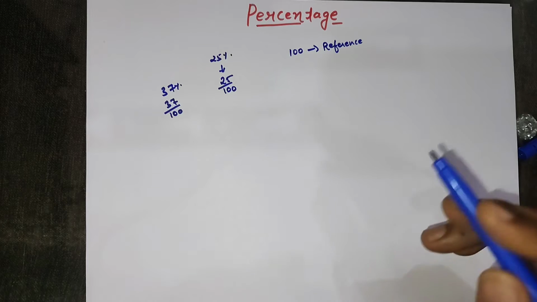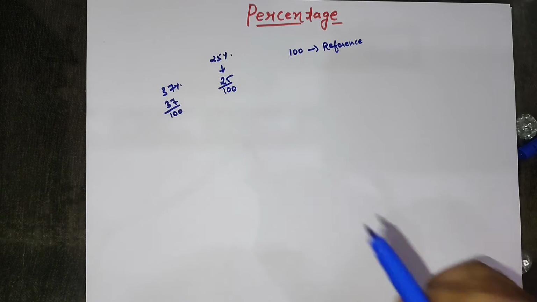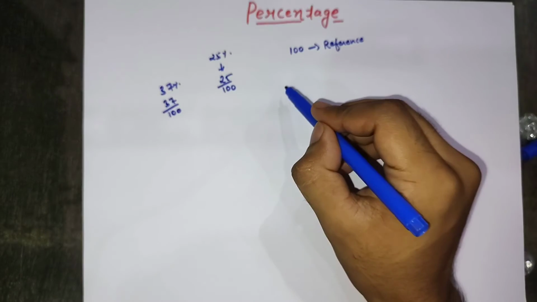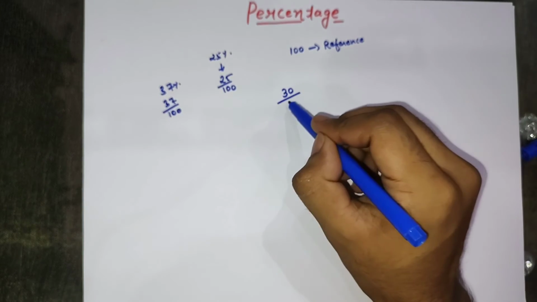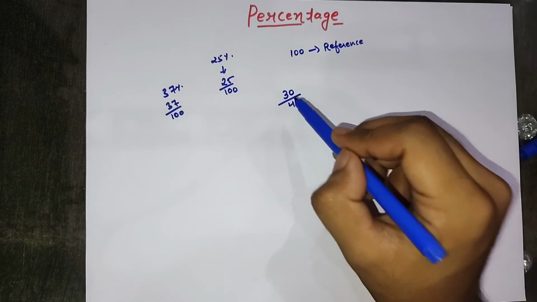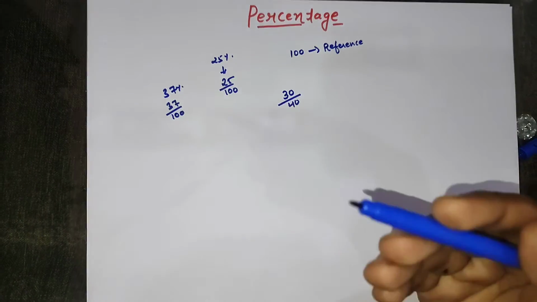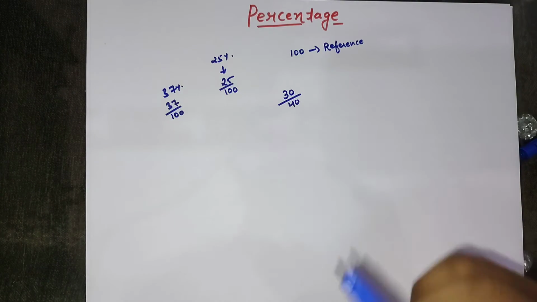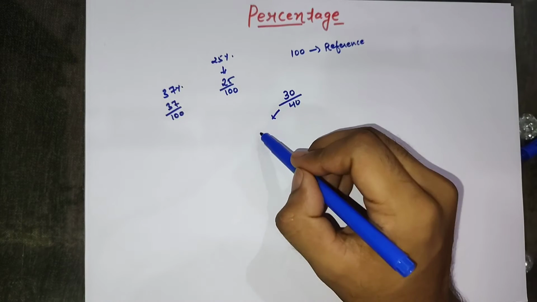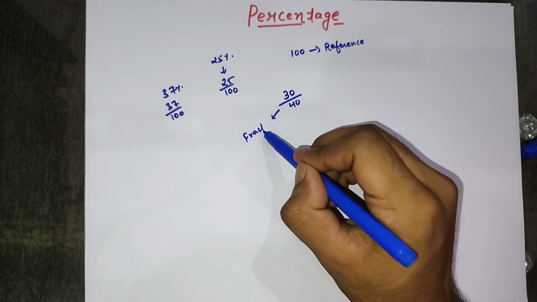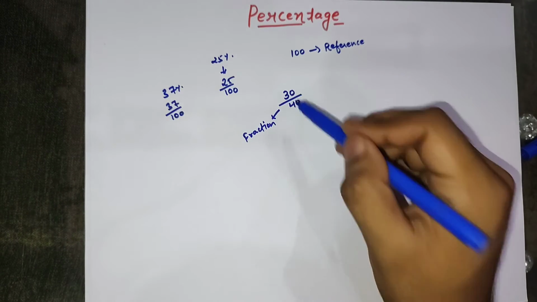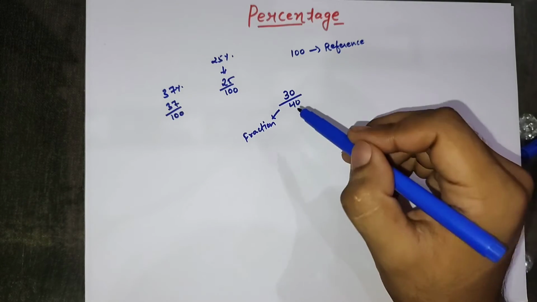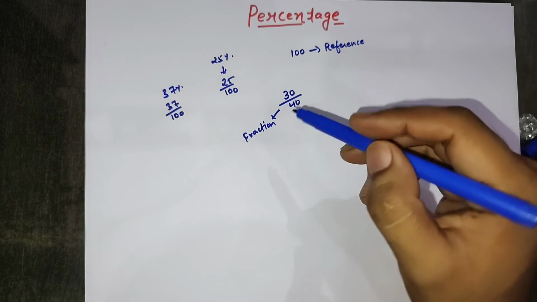Taking another example, if you have got 30 marks out of 40, you'll write it like this, and if I ask you what your marks are, you'll say you have got 30 marks out of 40. This is called a fraction. 30 out of 40, 30 by 40, is a fraction.